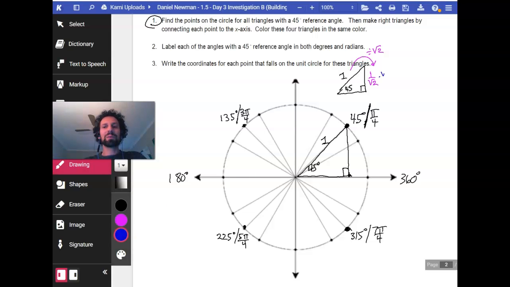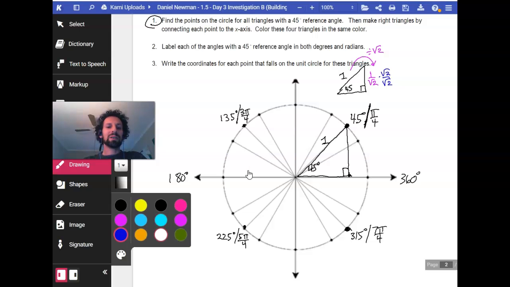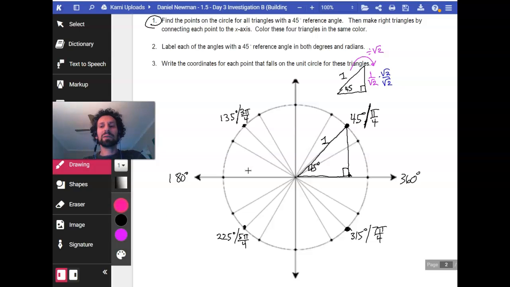And to do that, we multiply by rad 2 over rad 2. 1 times rad 2 is rad 2. Rad 2 times rad 2 is rad 4, or 2. So both of these legs measure rad 2 over 2 units long.